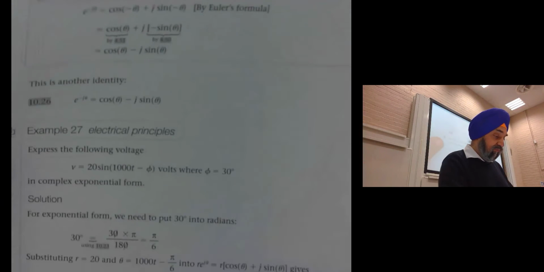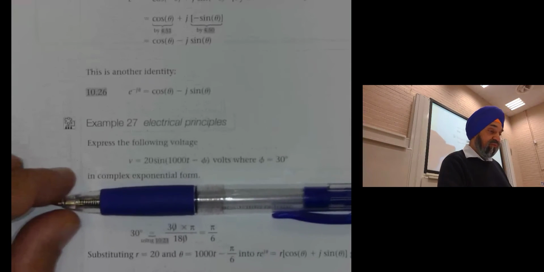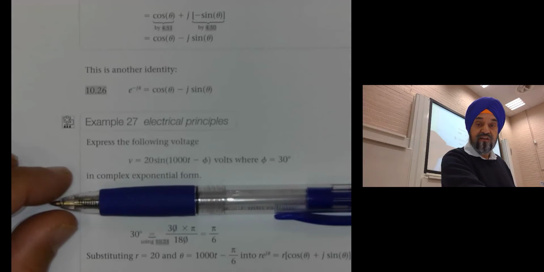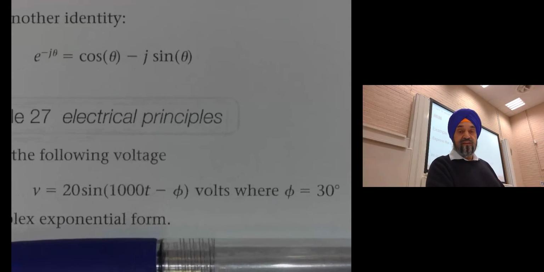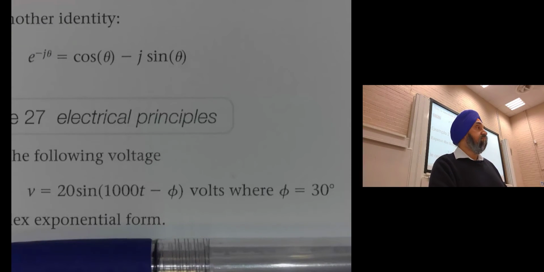All right, let's do another example. Write this number in complex exponential form. How do we write that in complex exponential form?